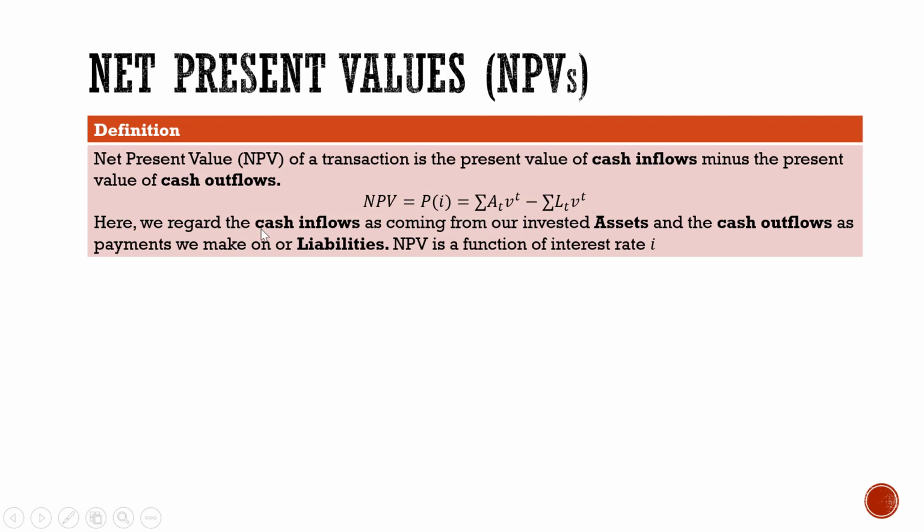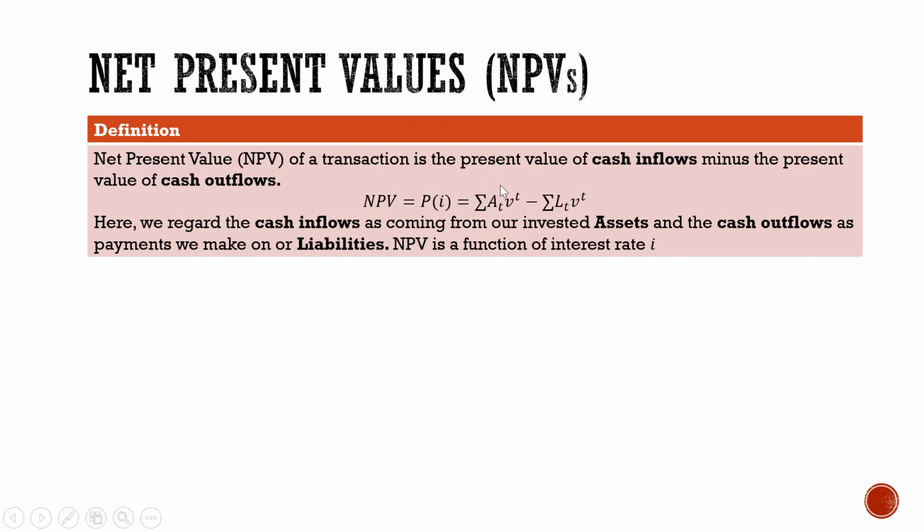Here we regard the cash inflows as coming from our invested assets, so we use capital A to represent assets, and cash outflows as payments we make on liabilities. So L represents liabilities. So A is cash inflows and L is cash outflow.